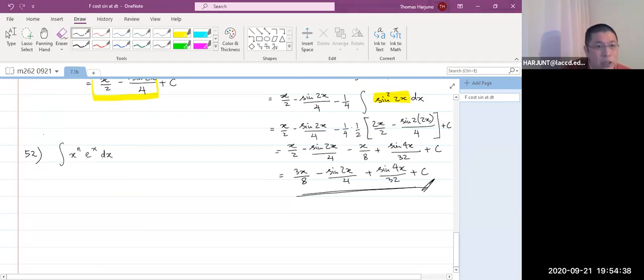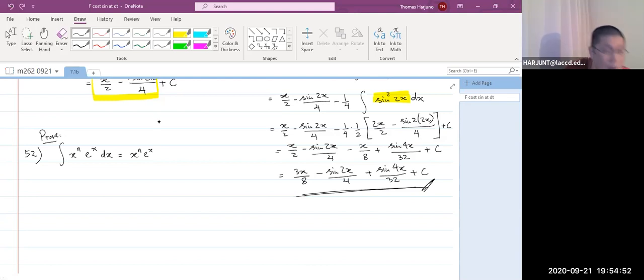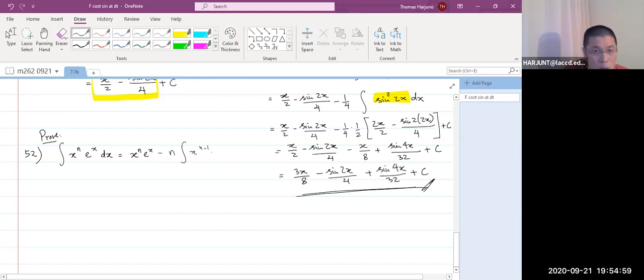The question is prove that this is equal to x to the n e to the x minus n times the integral of x to the n minus 1 e to the x dx.